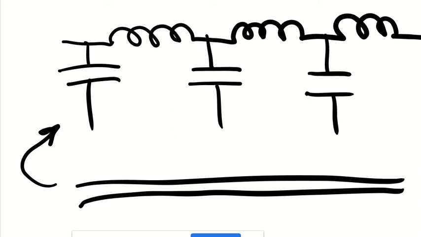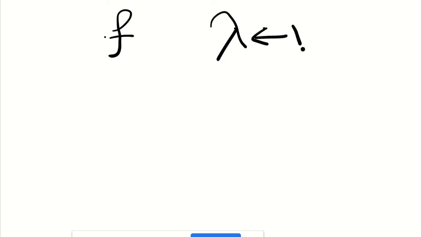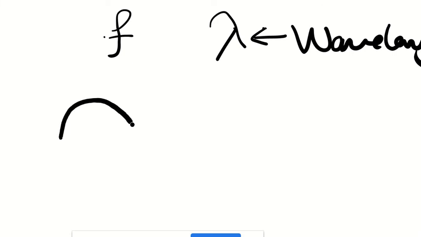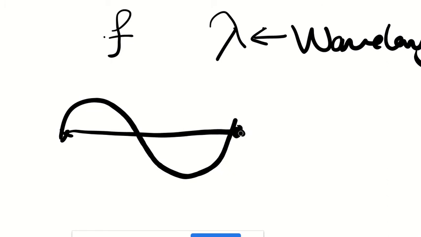If you remember from physics course, or you don't remember, there is a relation between frequency and wavelength of a signal. So this is the symbol for wavelength. And what is a wavelength? It's just when you have a cycle of a signal from this point to the end, it's one wavelength.